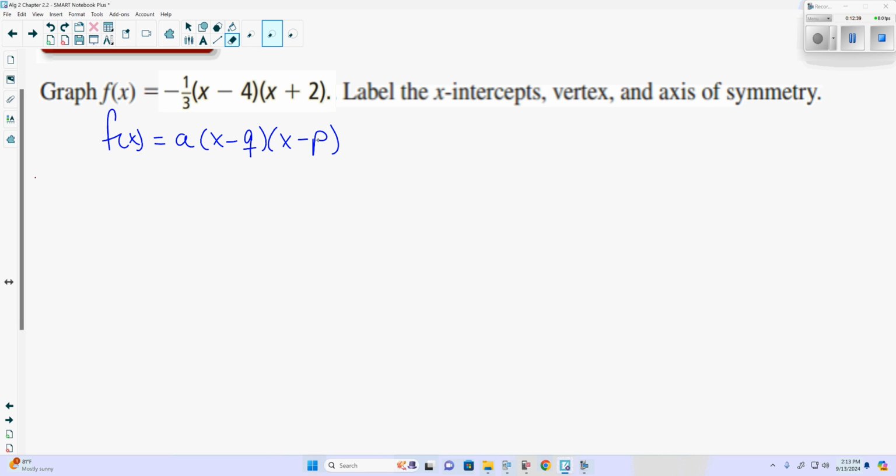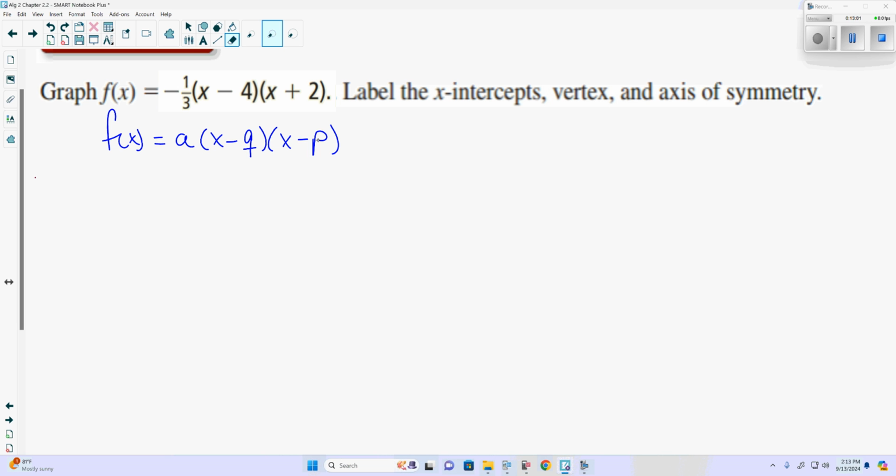What's the nice thing in multiplication? We can multiply any two things in any order, yes? Because 2 times 4 is the same as 4 times 2. (x minus p) times (x minus q) is the same as (x minus q) times (x minus p). I'm showing you this because does it matter which one I pick as p and q? No, I just need p and q.